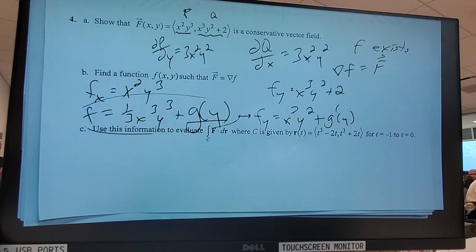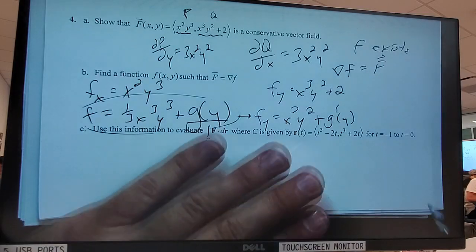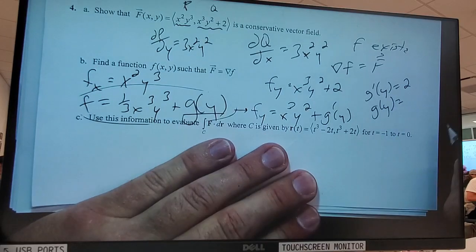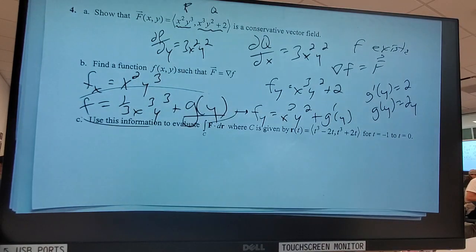You guys okay? If you understand that g of y has to be there, the next level is neat. The only other information I have is fy, and I currently have a form for f. The only way I can make those work together is if I calculate fy on what I know. So what must g prime of y be then? 2. So then what's g of y? Now, some of you might realize plus c, but we don't need that.